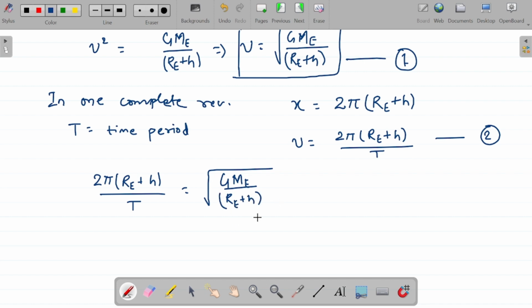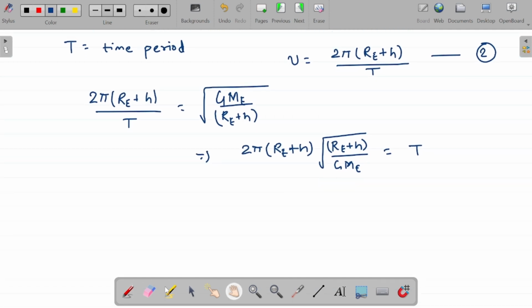Further we can rearrange the terms, and we will have 2 pi into (Re plus h), multiplied with the square root of (Re plus h) divided by G Me, and this should be equal to the time period. This is what we obtain, the time period of the satellite.